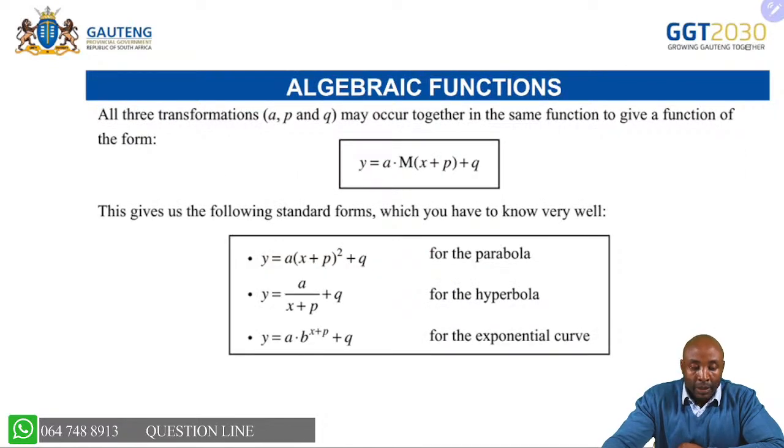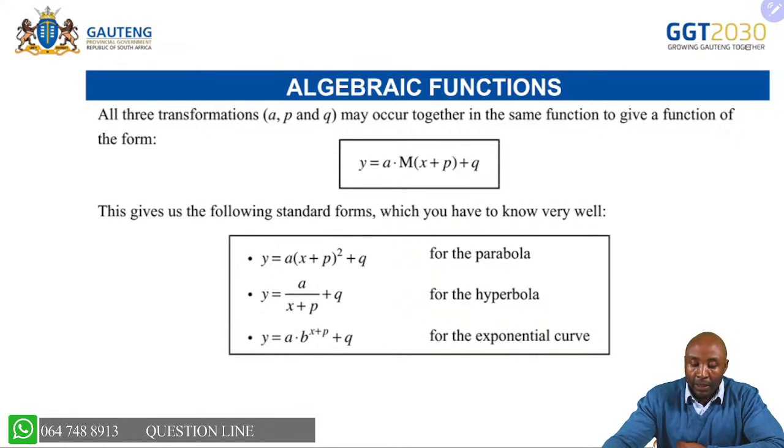Now, we are going to look at the next 3 functions where we are saying we should be able to look at the transformations based on the original function, which is our mother function. M there represents the mother function.